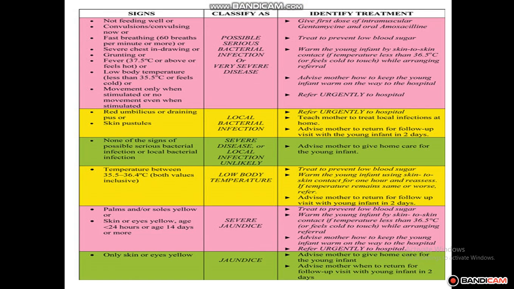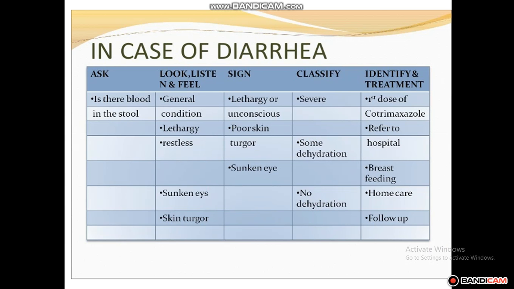Advise the mother to keep the child warm and immediately refer to the hospital. If only the skin or eyes are yellow, it is a type of jaundice that will resolve by itself, there is no need for hospitalization, and they can take the child home. Advise the mother to follow up after 2 days. So that is about bacterial infection or jaundice.